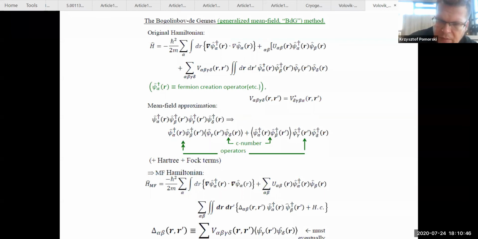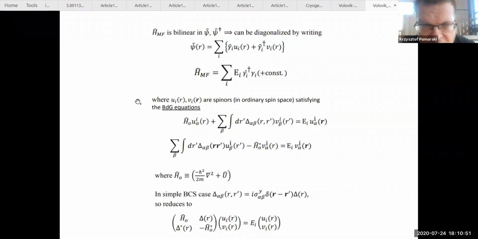So you can rewrite these annihilation or creation operators by two Bogoliubov operators, gamma i and gamma i dagger, and effectively, when you construct a Hamiltonian, you get a very analogous situation to the harmonic oscillator, and this leads you directly to the Bogoliubov-de Gennes equations.